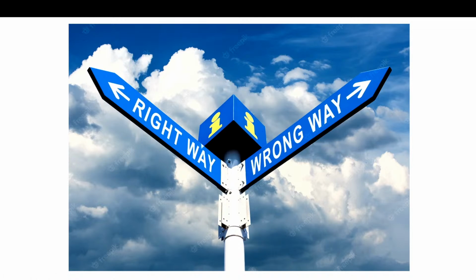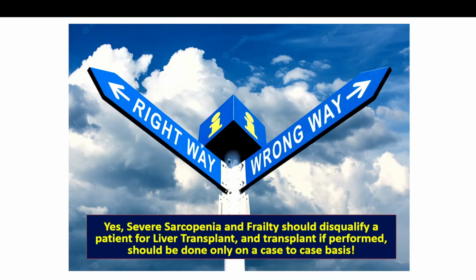Of course, the right way is to do the right thing and have the patient come out with a good, successful outcome. So in severe sarcopenia and severe frailty, one should not take a patient for liver transplant. But if you are doing it, it should be on a very individual, case-based, selected basis. In my personal opinion, one should not jump into it, and I would say this patient should be disqualified.